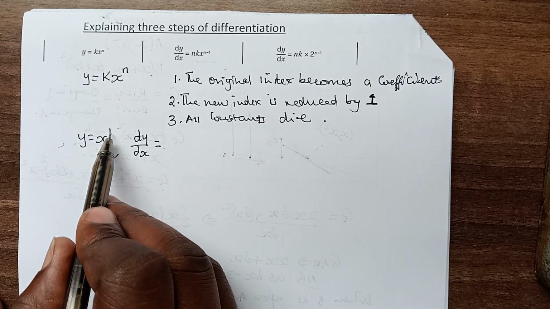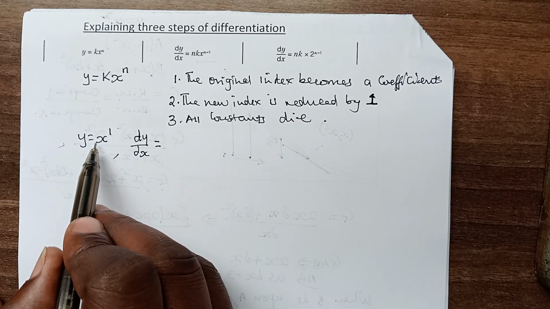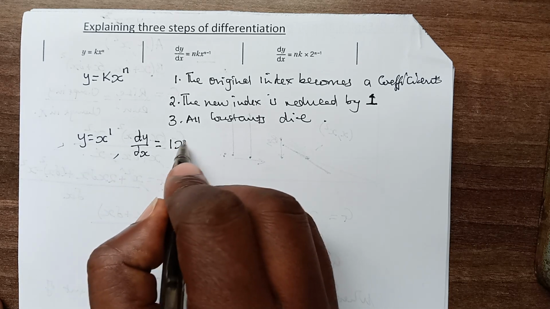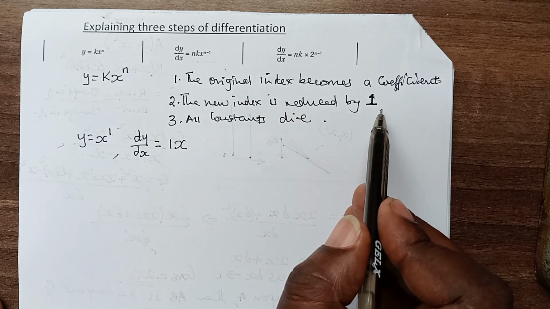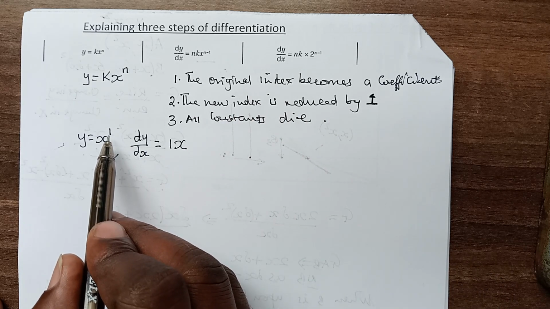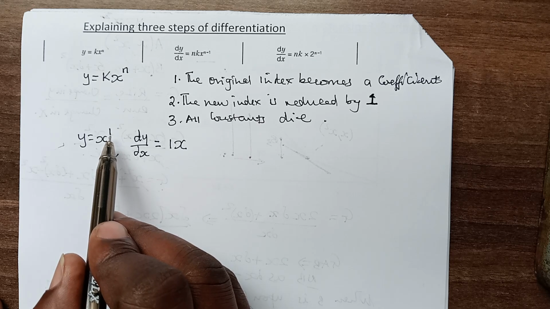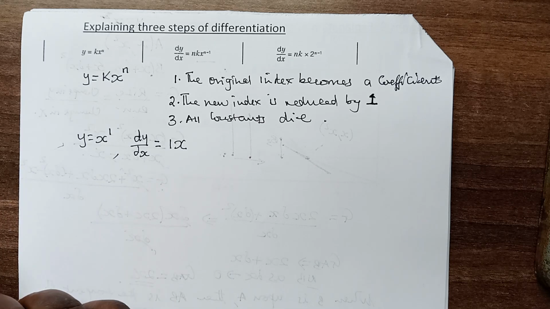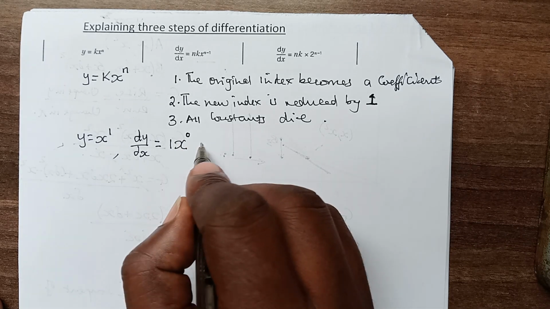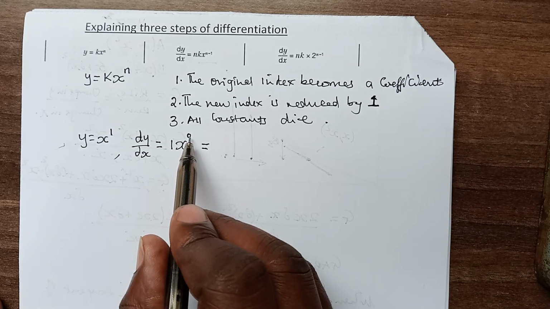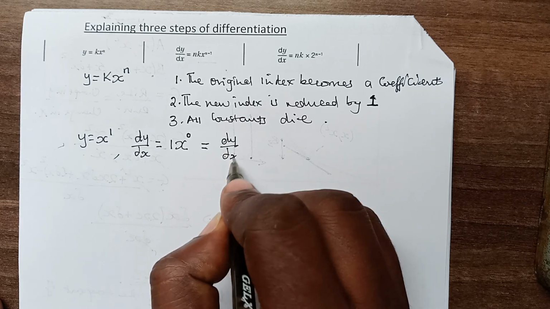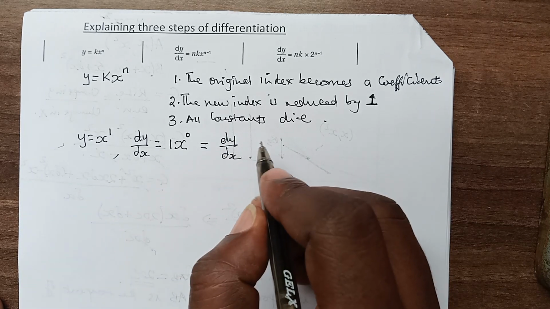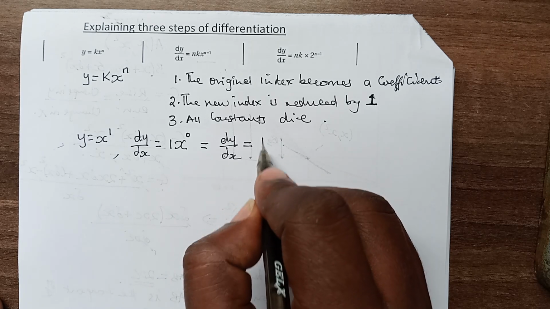The original index is 1. So 1 becomes a coefficient, and we have 1x. Then step number 2, the new index is reduced by 1. The original index was 1. That reduced by 1 becomes 0. And therefore, this new index is 0. And that is why, since any number raised to power 0 is a 1, the final gradient of such a function, which is a straight line, is equal to 1 times 1, which is 1.